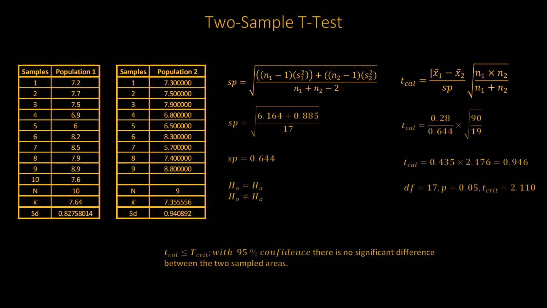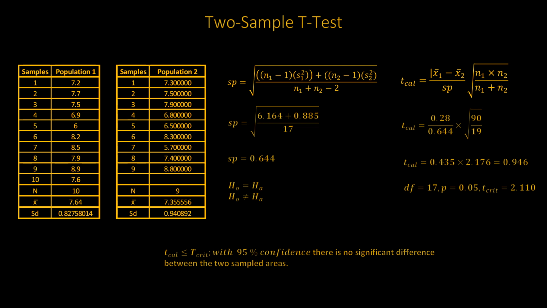As shown, the pooled deviation is 0.644. The t calculated is similar to the single sample t-test. The only difference is now we are comparing two specific distributions, the x-bar 1 and the x-bar 2, which is divided by the pooled deviation value of 0.644.